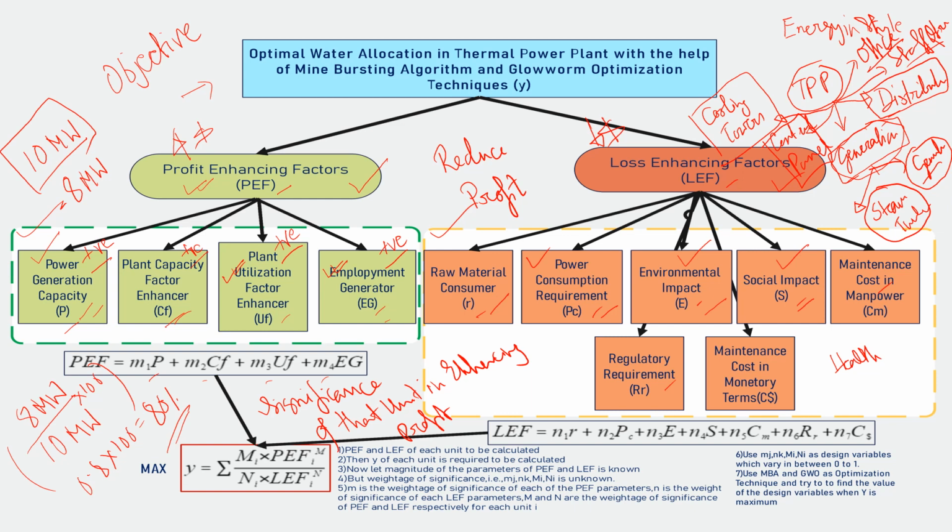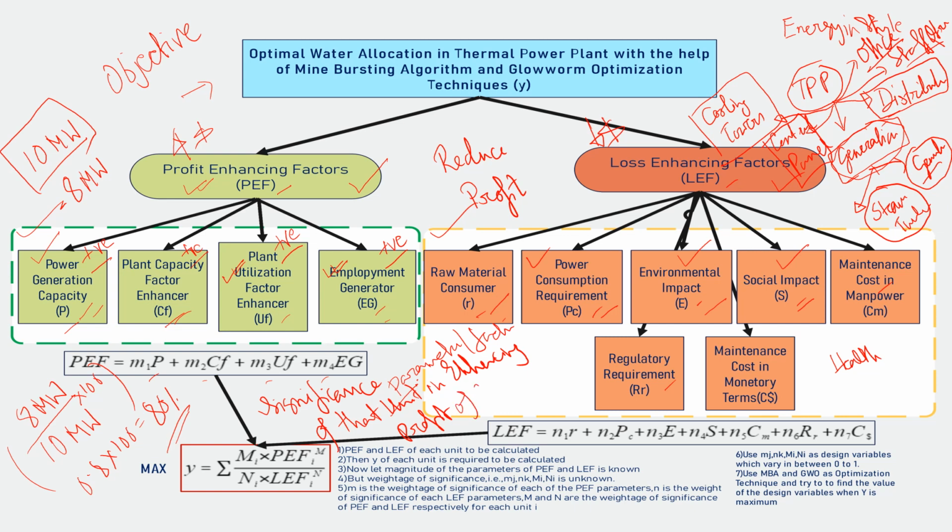Now note that M1 to M4 are the weightage or significance of that unit. Rather than saying unit, let us say the significance of that parameter or factor in enhancing the profit of the unit.